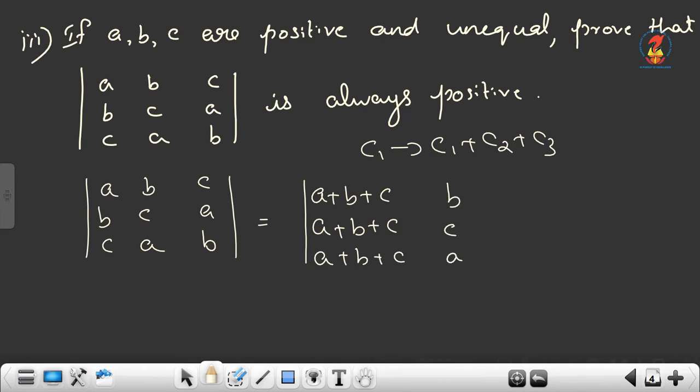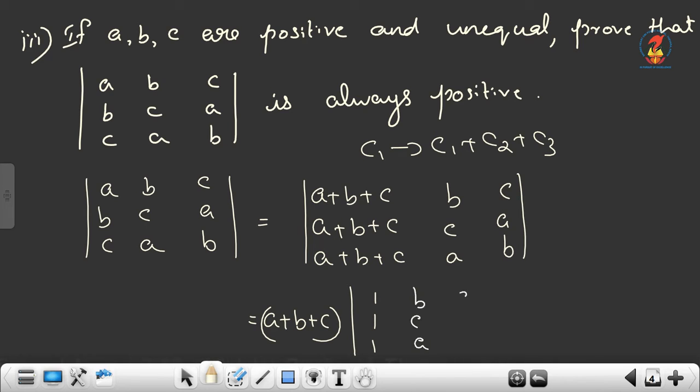Then bca, cab. So we can take a plus b plus c outside: a plus b plus c into 1 1 1, bca, cab.